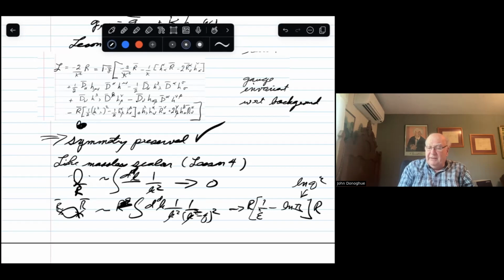And so you expect divergences 1 over epsilon R squared. So we're going to get divergence of order R squared. Okay, so that's basically the analysis.